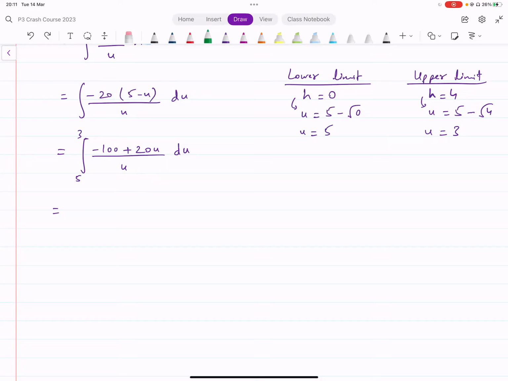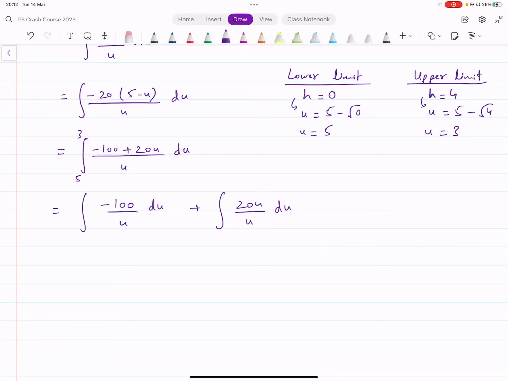What else? Can you break down the fraction? Can you break the numerator down? That's actually going to help. If you break the numerator, it's going to become minus 100 over u plus 20u over u. So let's break the fraction down like this: minus 100 over u plus 20u over u.